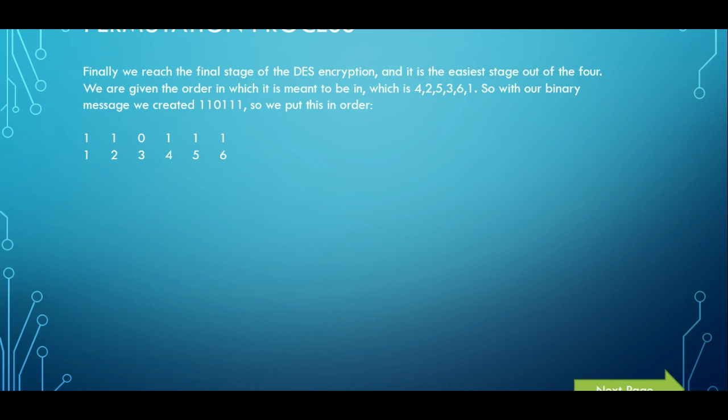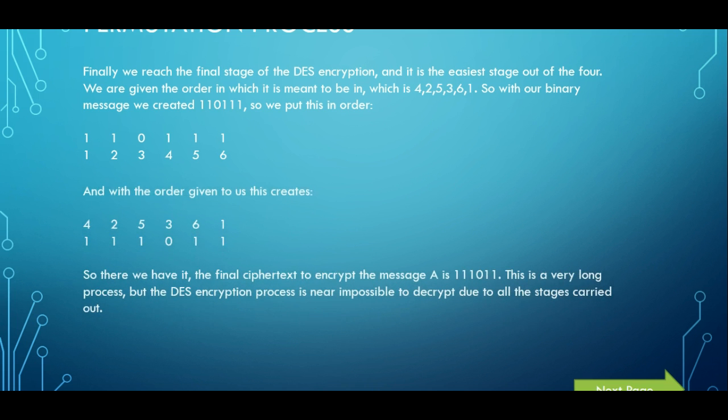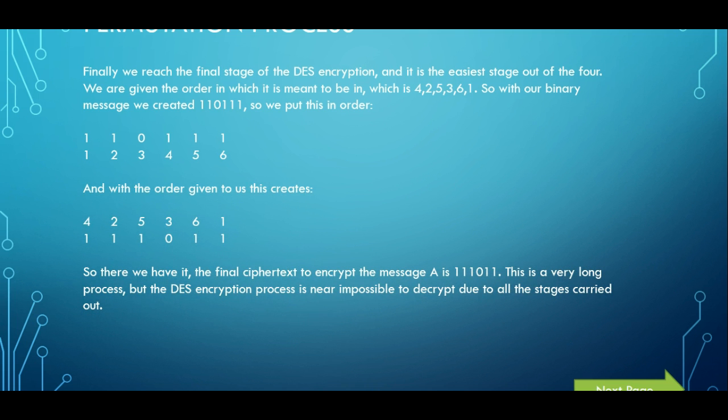The order that's been supplied to us is 425361. Once again, in a test condition, you will be given this, so you do not have to worry about having to acquire it. So we put our message in the predefined order given to us. And then we create this.